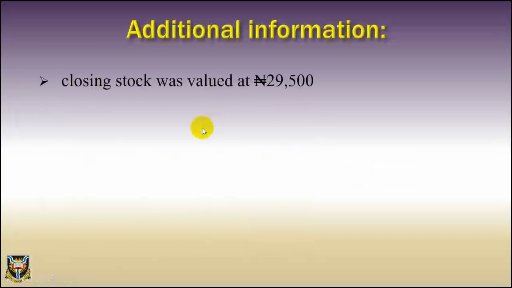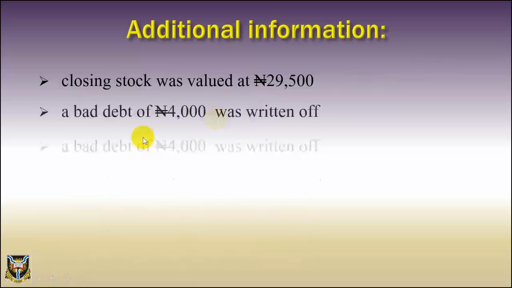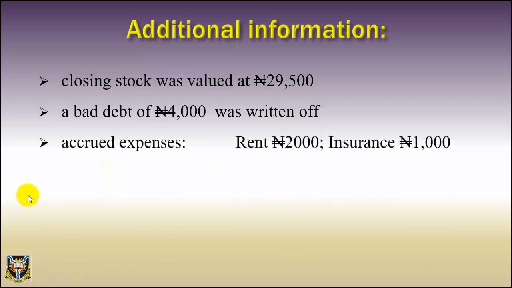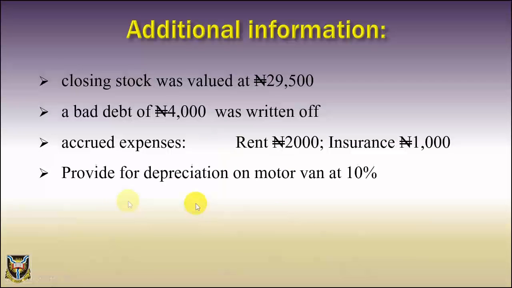Additional information: 1. Closing stock was valued at 29,500 naira. 2. A bad debt of 4,000 naira was written off. 3. Accrued expenses: rent 2,000 naira, insurance 1,000 naira. 4.